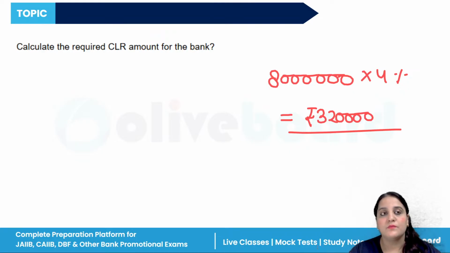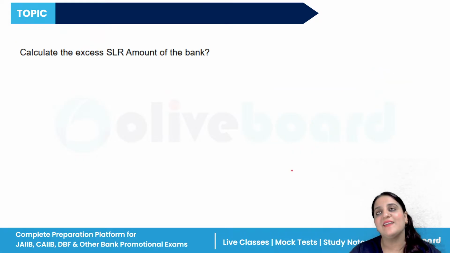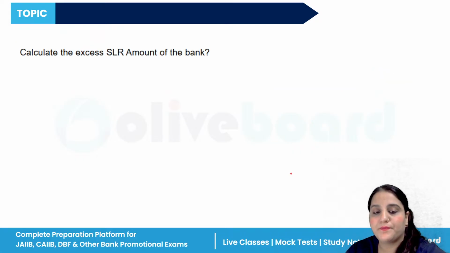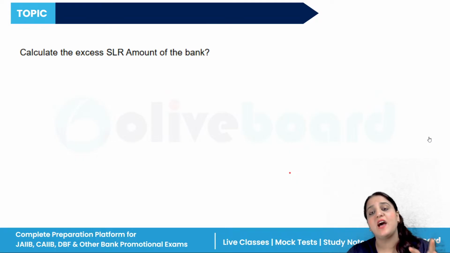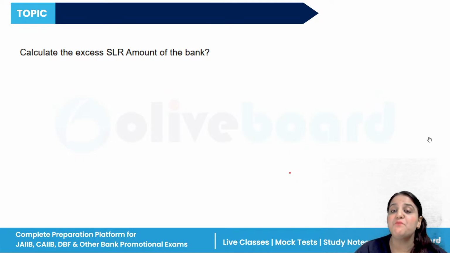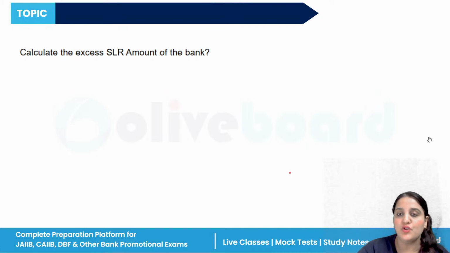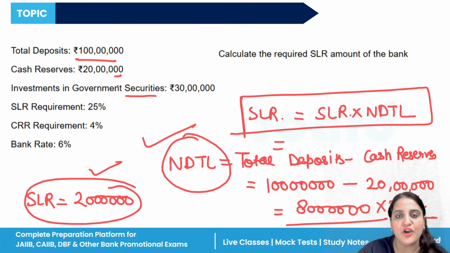Next question. Excess SLR amount. How can we calculate the excess SLR amount? Excess SLR is the amount by which the bank exceeds the required SLR. So what is the investment in government securities?